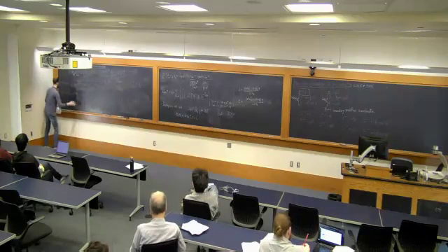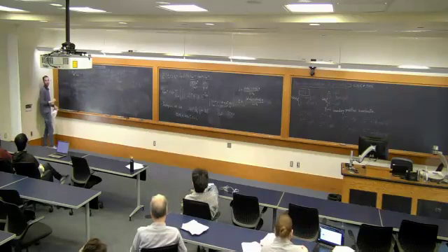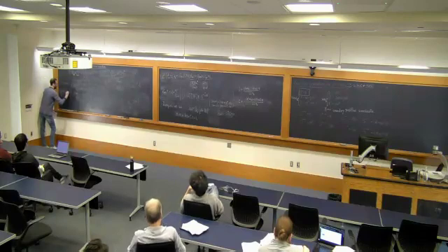Sorry, let me write it better. So trace of exponential of 2 pi I t h lambda, so it's what you would call q if you didn't already define something called q, and 2 pi I t bar h lambda bar.